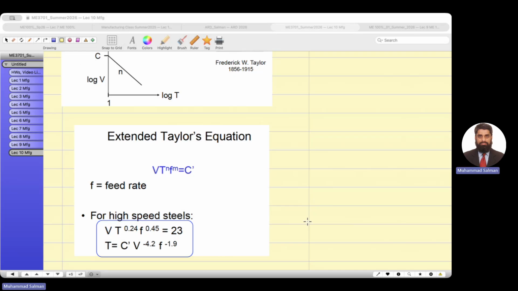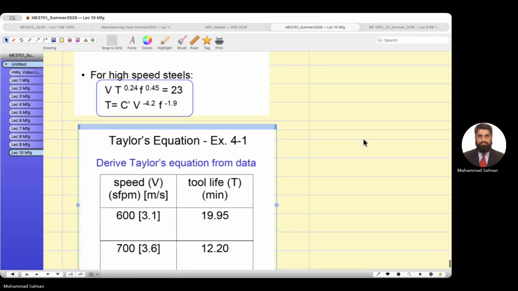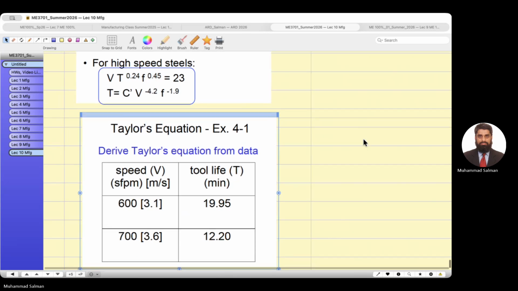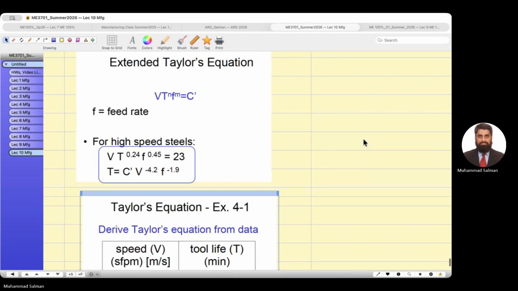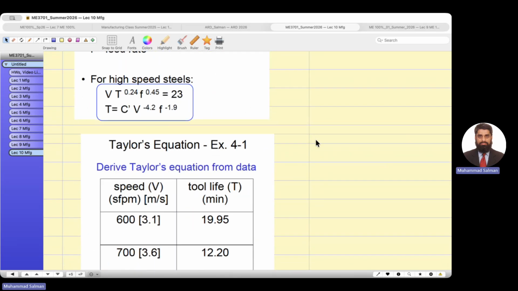Okay, let's derive the Taylor equation. Can you use this formula, VT^n?